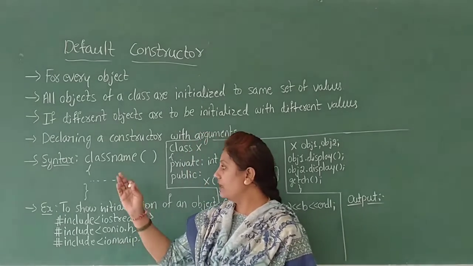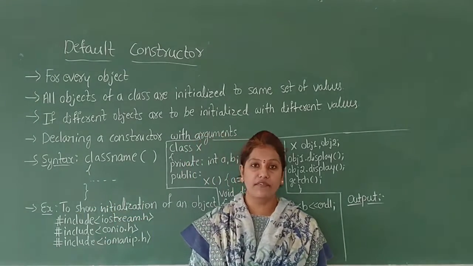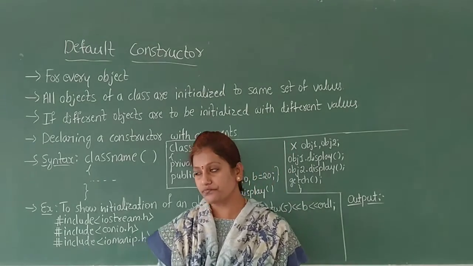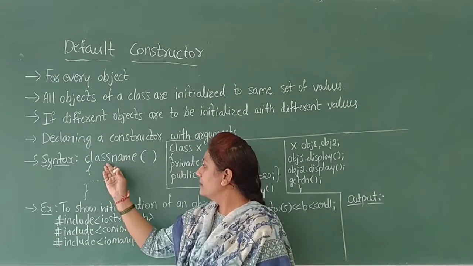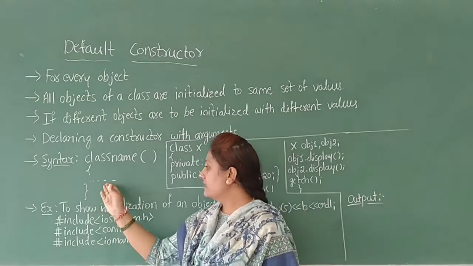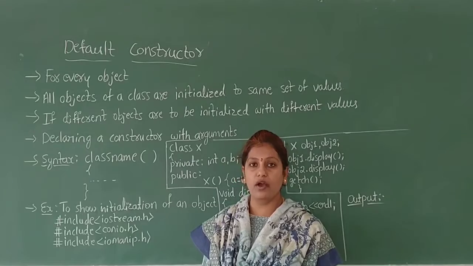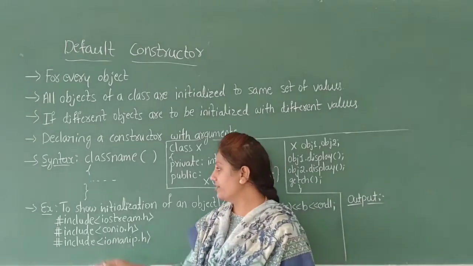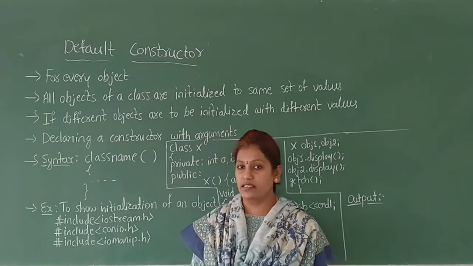Here we follow a syntax to declare a default constructor in a program. Simply the class name, then the beginning curly bracket, then an executable statement or initialization of the object, and then the end of the constructor.